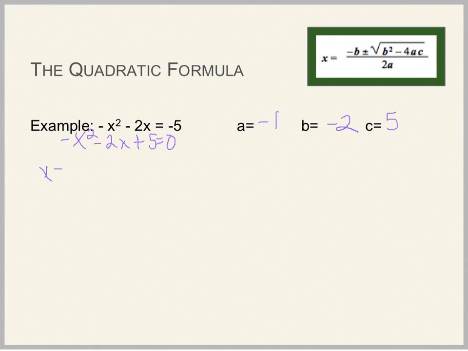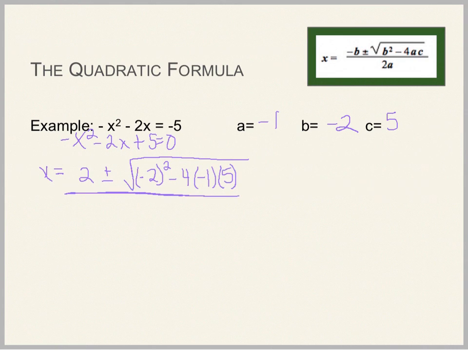Now, using my quadratic formula, I have the opposite of b, which is 2, plus or minus the square root of b squared, just negative 2 squared, minus 4 times a, which is negative 1, times c, which is positive 5. All of this divided by 2a, or 2 times negative 1.